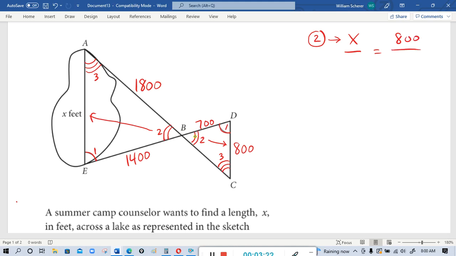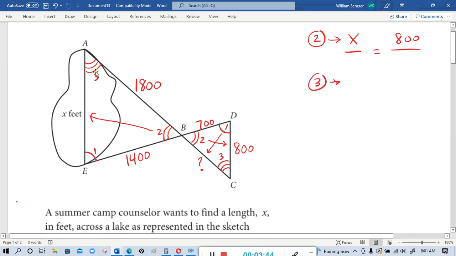Now we just have to do that one more time. On the small triangle, if we go across from angle 1, we don't have that side length, so we're not going to use angle 1, and we already used 2, so now I'm going to use 3. Across from angle 3, going from angle to side, that is 1400.